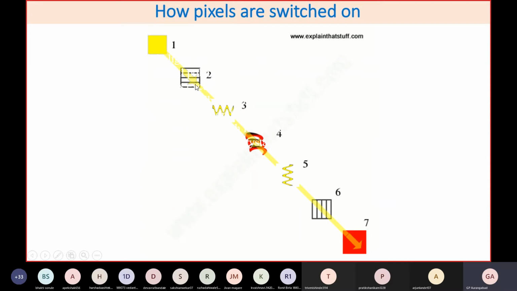That depends on the intensity of RGB. That intensity of RGB is mostly given by digital signals if you use certain connectors, or it can be a VGA connector where it has analog signals.